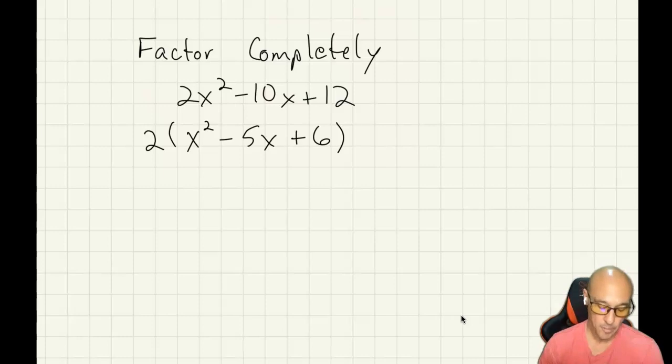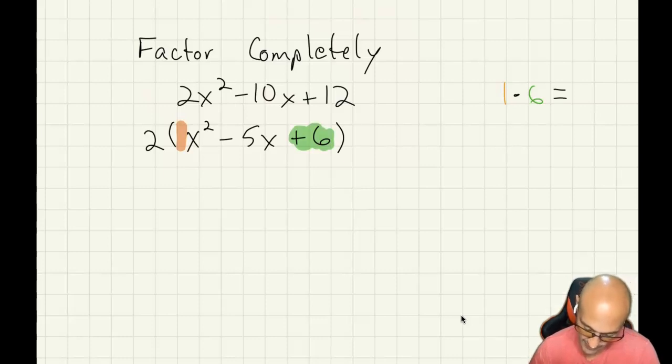Now we're going to factor by parts, and in order to do that, we're going to say there's a 1 in front of that x squared, and I'm looking at this 6 right here. So I do 1 times 6, and that equals 6.